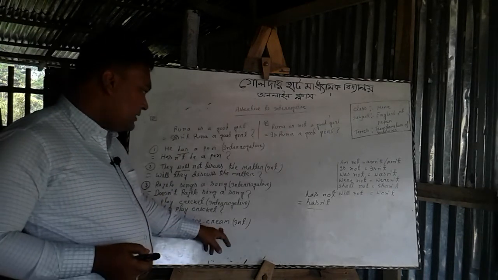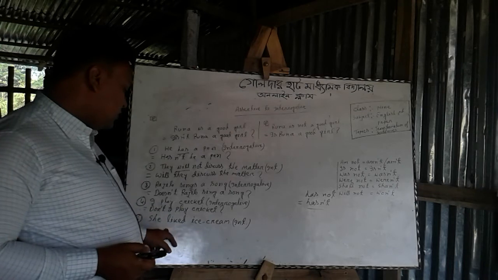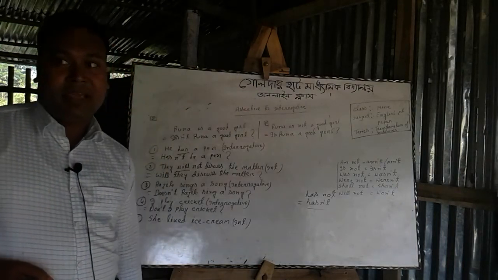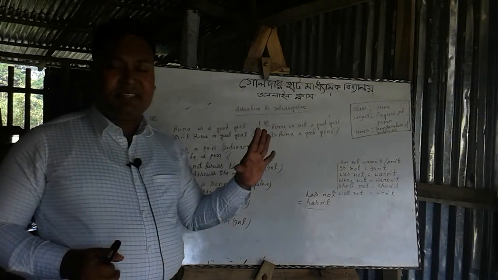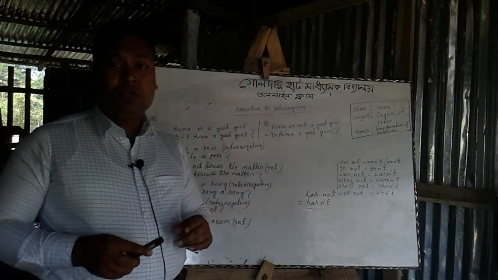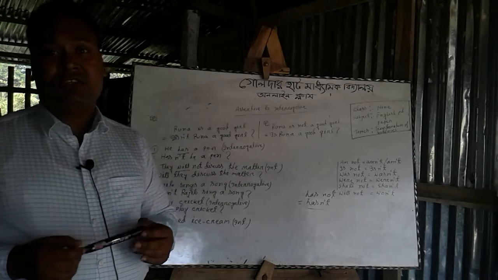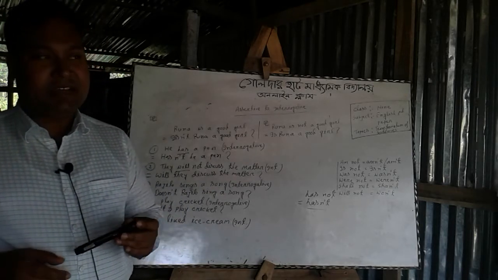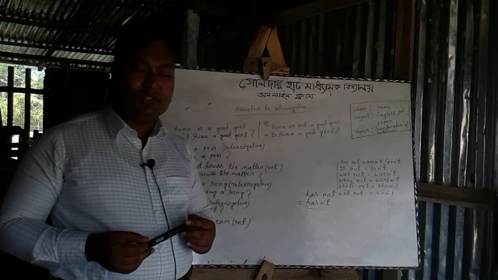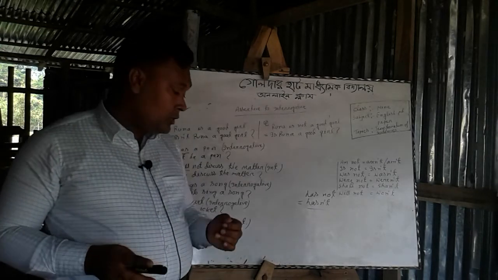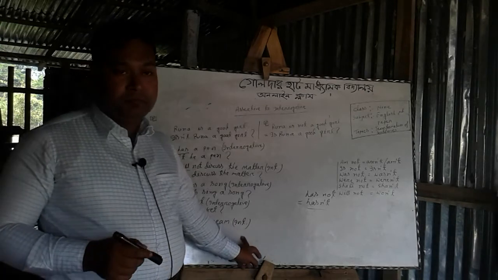In the fifth sentence, you see that she liked ice cream and it is past tense. So if the sentence is past tense, we should write didn't before the subject of that sentence to transform it into interrogative. So she liked ice cream.